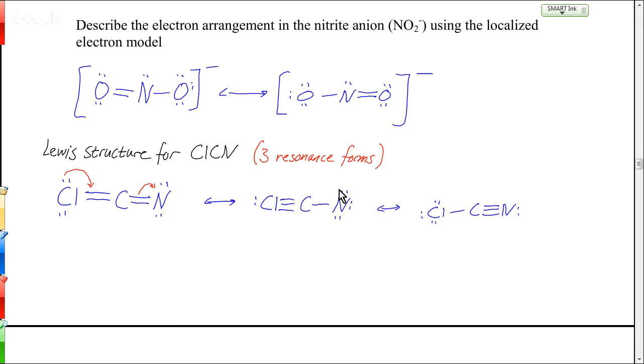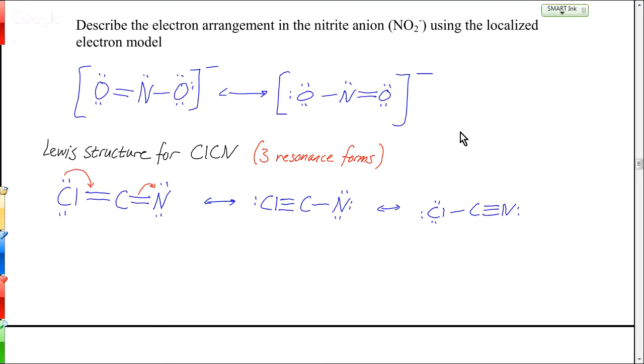We could imagine that happening twice, going back the other way to form this one. But that's one way to find other resonance structures. If you can only find one, or only two, or you're worried there's more, imagine all the free pairs of electrons falling down into bonds, and then what would have to happen to compensate for that. If you keep moving things around the molecule, you'll find the other resonance forms.